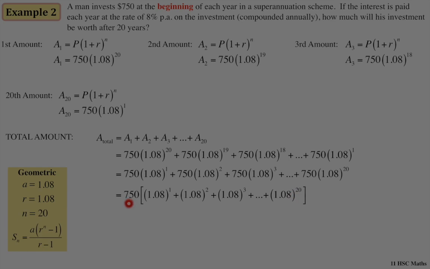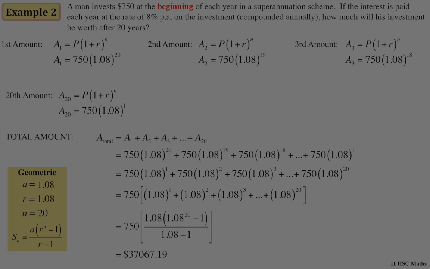So we'll have 750 multiplied by that formula because that formula is going to be applied to the square bracket. So it's 750 multiplied by A, which is 1.08, R to the power of N, 1.08 to the power of 20, take 1 on 1.08 minus 1. Put that into your calculator and he ends up with just over $37,000, rounded to 2 decimal places.